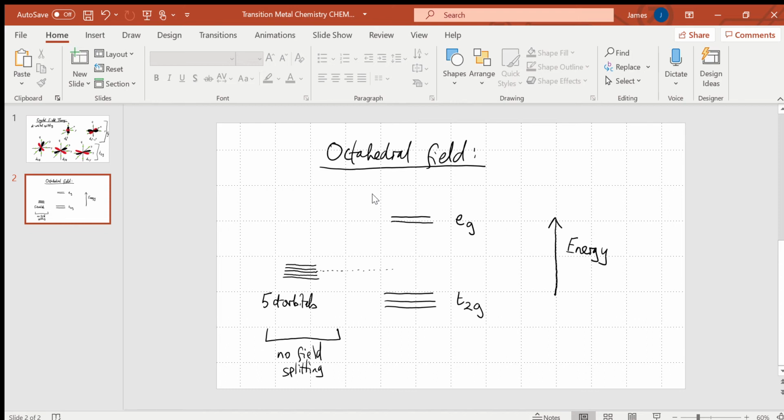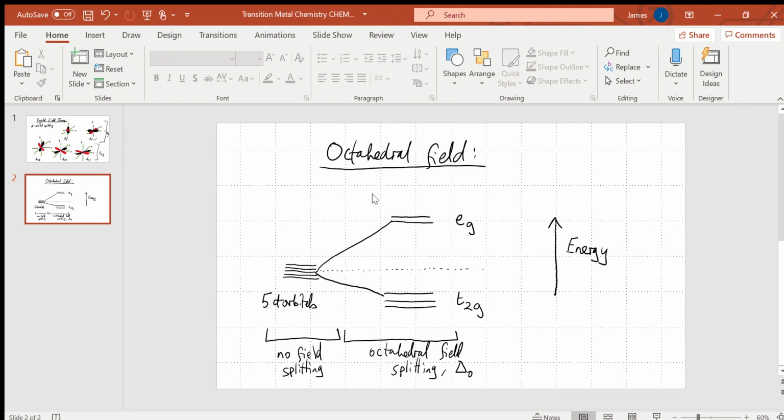But these have a fixed energy level, and then we can split these degenerate orbitals into the EG set and the T2G set with the presence of an octahedral field, octahedral field splitting, and I'm going to call that delta O. Delta just means change, O means octahedral.